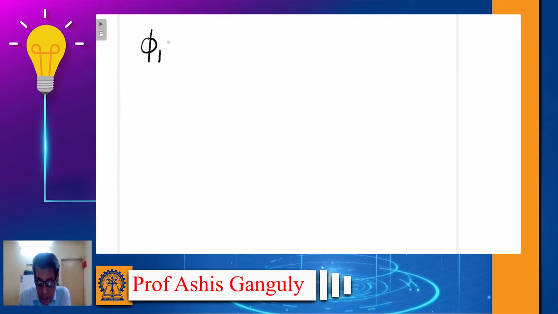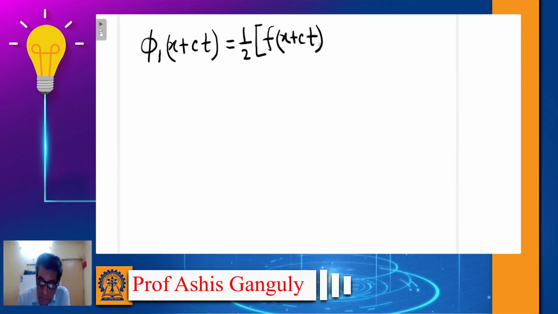Phi 1 of x plus ct was half f(x plus ct) plus 1 by c integral from x0, some arbitrary point, to x plus ct of g.